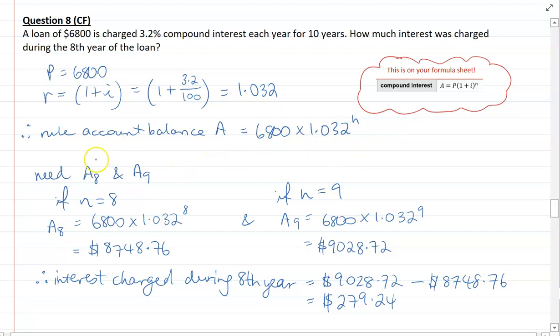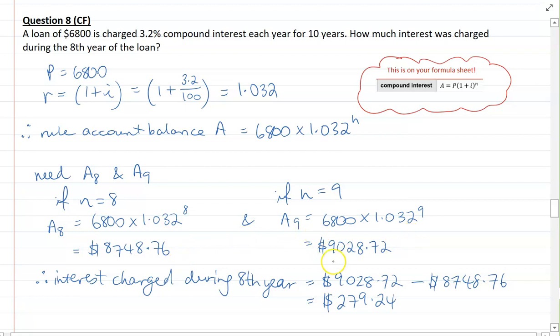From here, we need our balance after the 8th year and after the 9th year, because we need to work out how much interest was charged during the 8th year of that loan. So if n's 8, substitute in and evaluate, and I get a balance of $8,748.76.